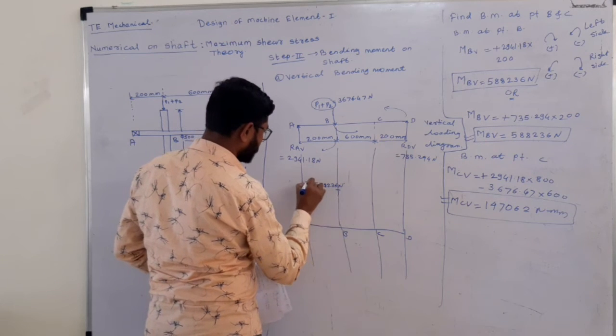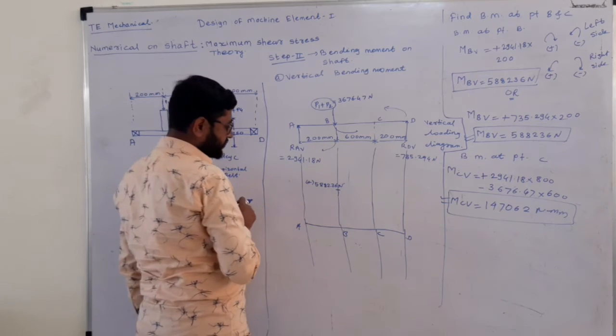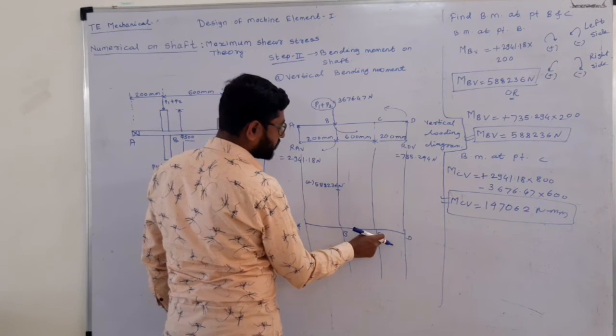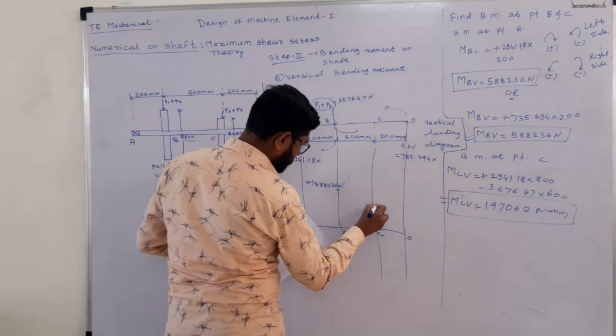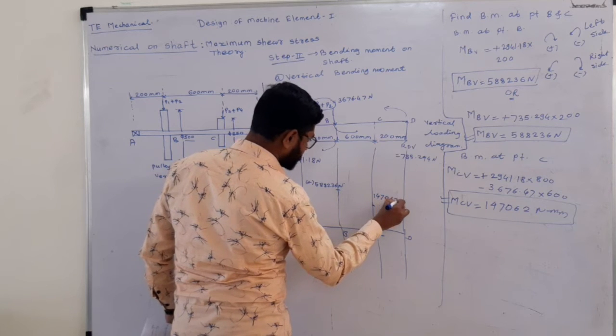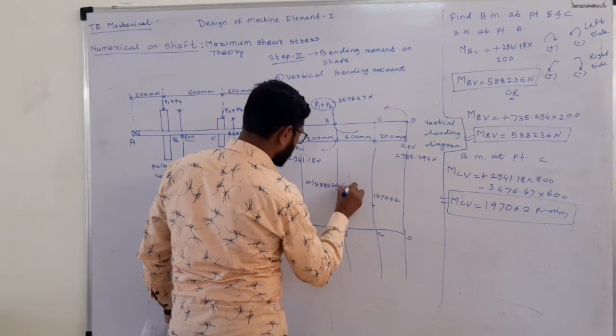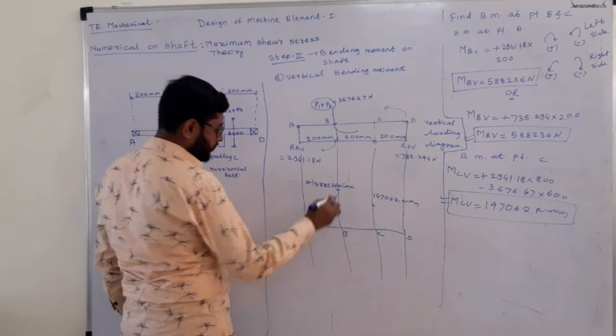If this is positive, that's why we take this on the positive side, and bending moment at point C is nothing but 147,062 Newton meter.